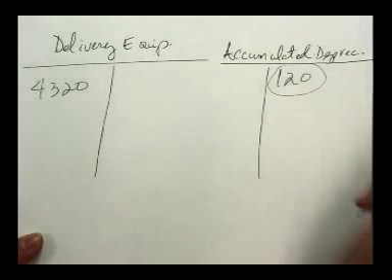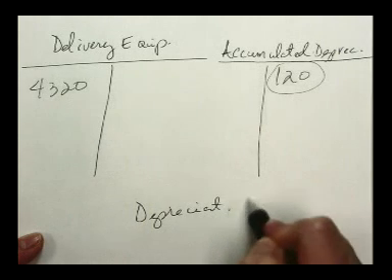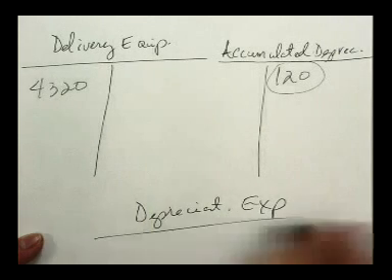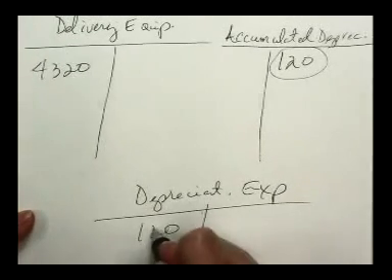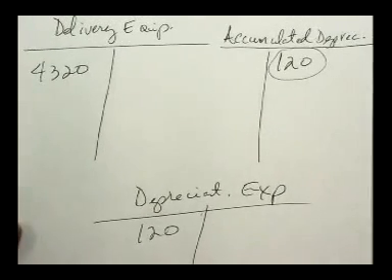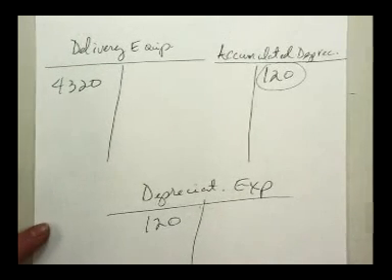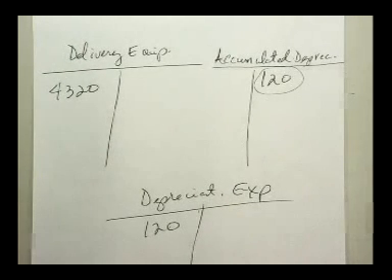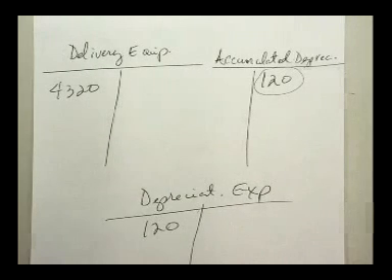And so that was my credit here. And remember, this account, depreciation expense, was debited. These are not the same accounts. Depreciation expense is an expense account. Accumulated depreciation is a contra asset account. So that accumulated depreciation account is basically an offset of or reduction of my original cost.